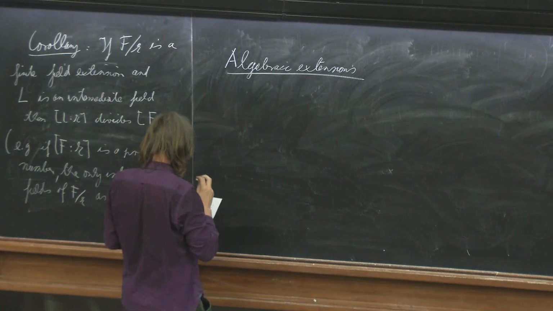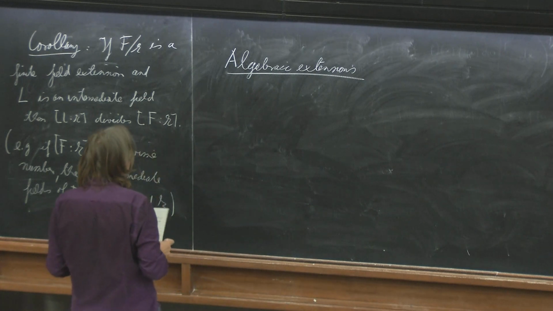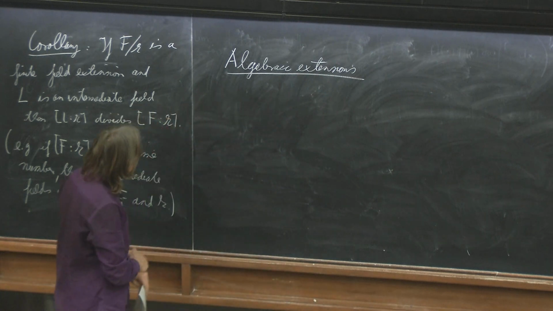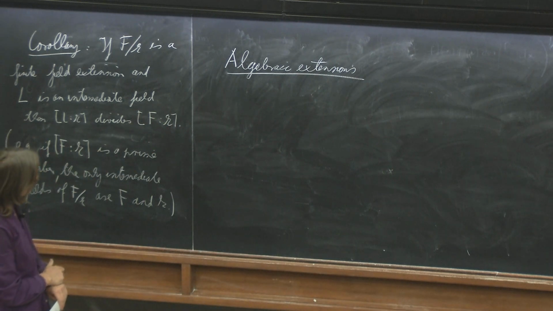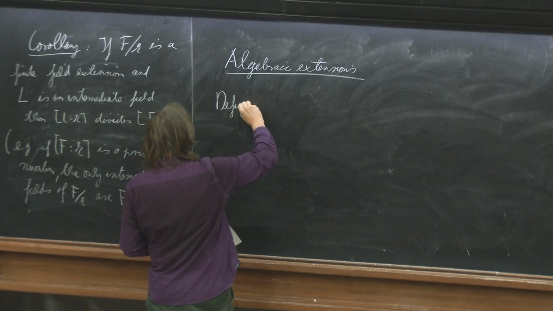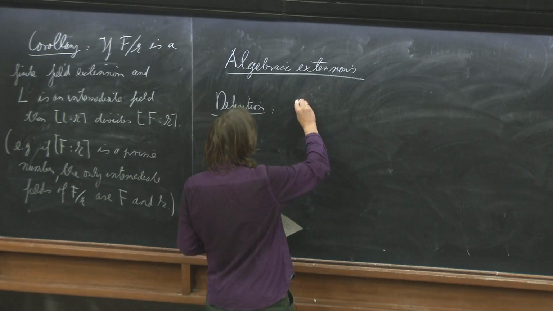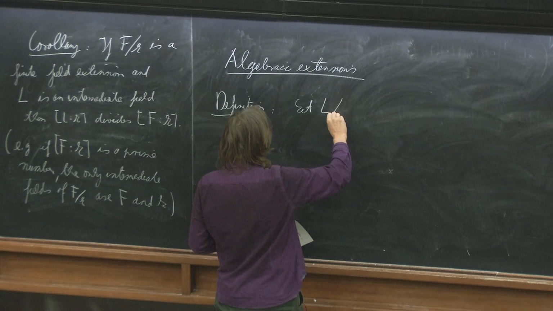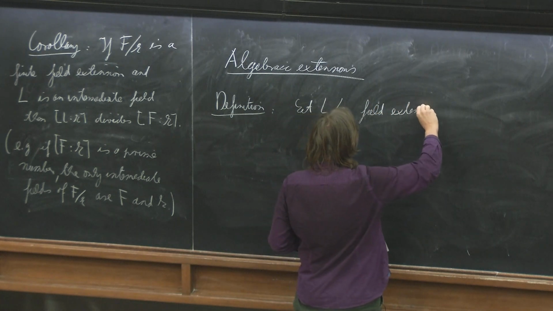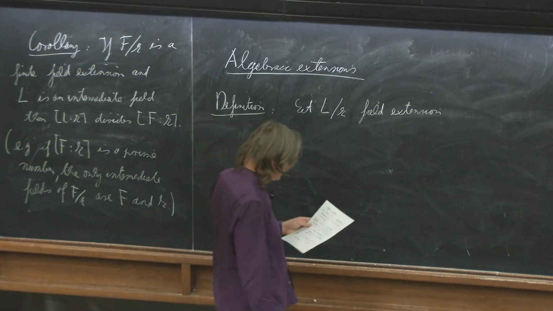As I said, an extension L over K will be called algebraic if every element of the bigger field L is a zero of a polynomial with coefficients in the smaller field K. So, definition. First, let L over K be a field extension. First, I call an element algebraic if it's the zero of a non-zero polynomial.